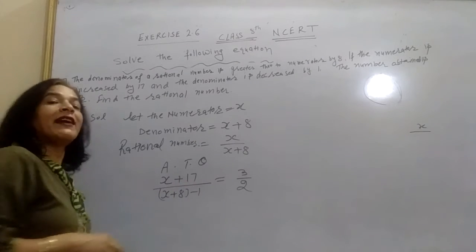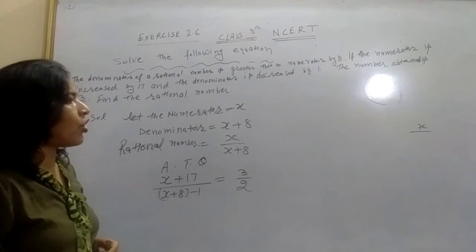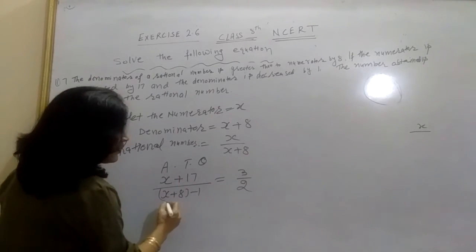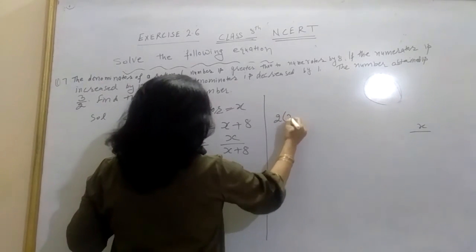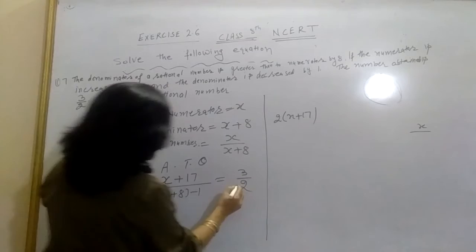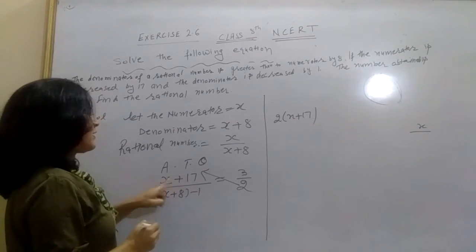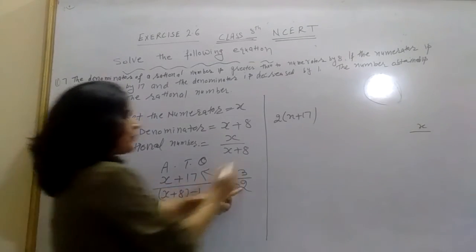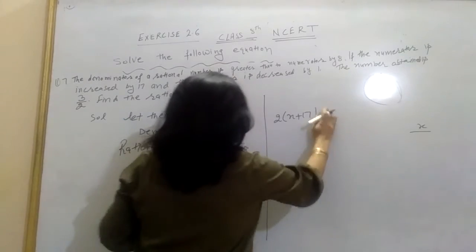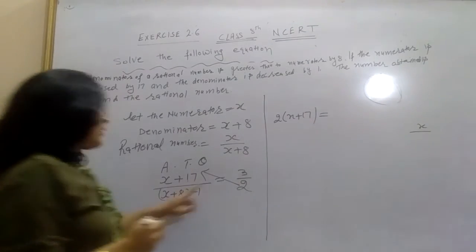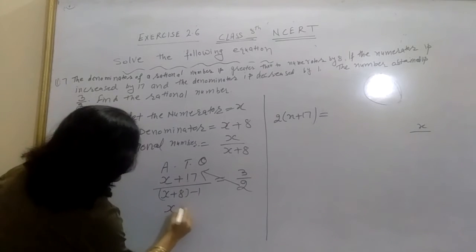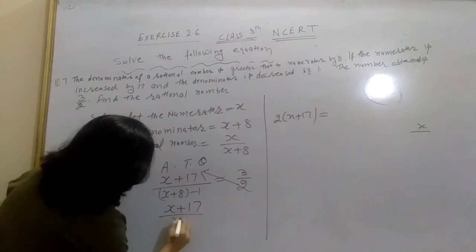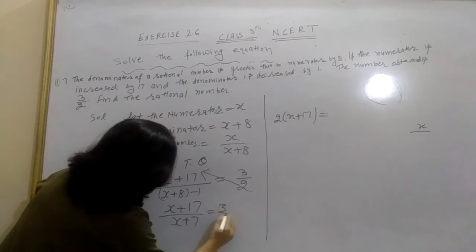So we can find x easily now by cross multiplication. 2 into x plus 17, multiply this x plus 17 with 2, then x plus 8 minus 1, here x plus 8 minus 1 is x plus 7.